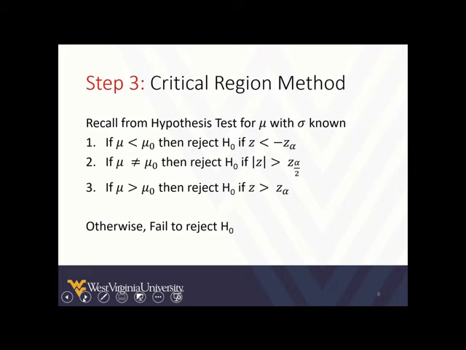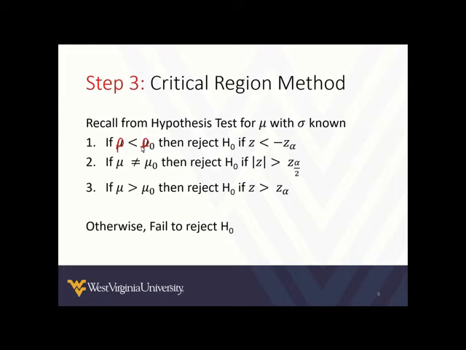We may recall from our hypothesis test for mu when sigma was known, if mu is less than mu naught, which in this case will now become P is less than P naught, then we will reject the null hypothesis if z is less than negative z alpha.